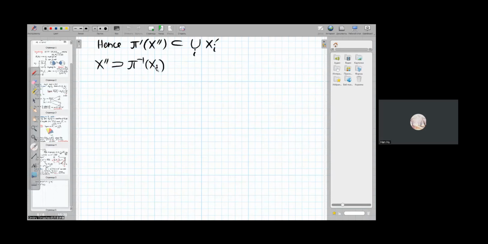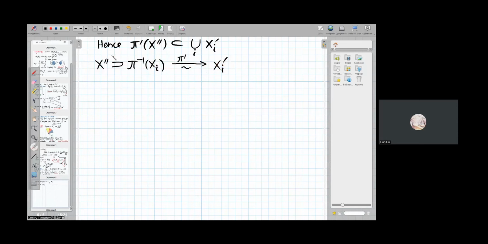So pi inverse of xi maps isomorphically under pi prime onto xi prime. Let me repeat again that x double prime is covered by these guys, and each of these open subsets isomorphically maps under pi prime onto this guy.